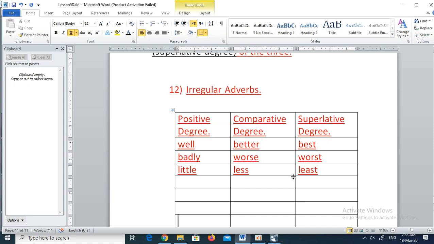The adverb badly in the positive degree becomes worse in the comparative degree and worst in the superlative degree. The adverb little in the positive degree is little, in the comparative degree is less, and in the superlative degree is least.